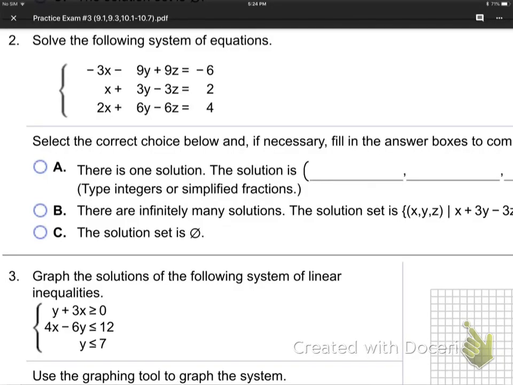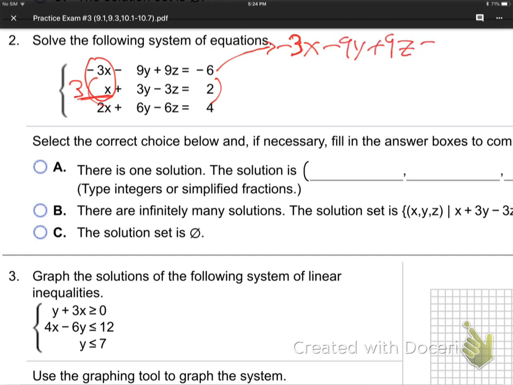Okay, number 2, same kind of thing. Want to get all the letters to drop out. So how about we just do x? I can get these guys to drop out if I just take this bottom equation and multiply by 3. That'll be 3x. It'll cancel the minus 3x. I'm just trying to get the x's to cancel. Watch what happens. They're all going to cancel.